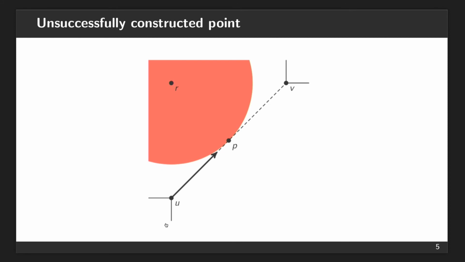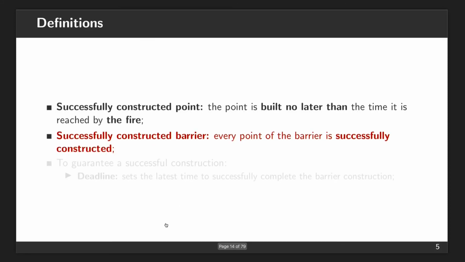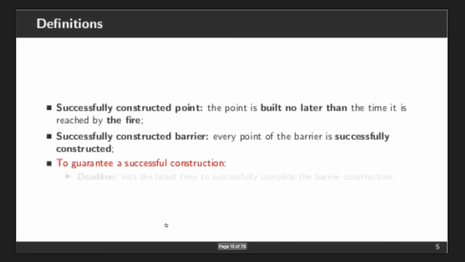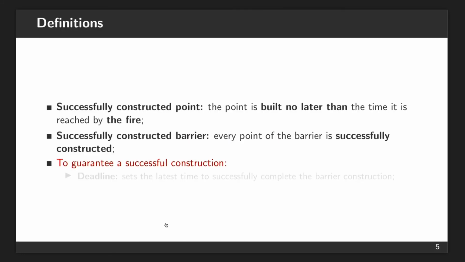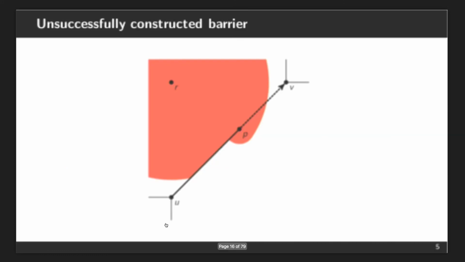So a successfully constructed barrier, of course, is a barrier in which every point is constructed successfully. And to guarantee a successful construction, what we do is the following. You cannot only look at the final point and check if it is okay to construct this point before it's reached by the fire, but you have to take into account that other points within the barrier may have been reached by the fire before you construct them.